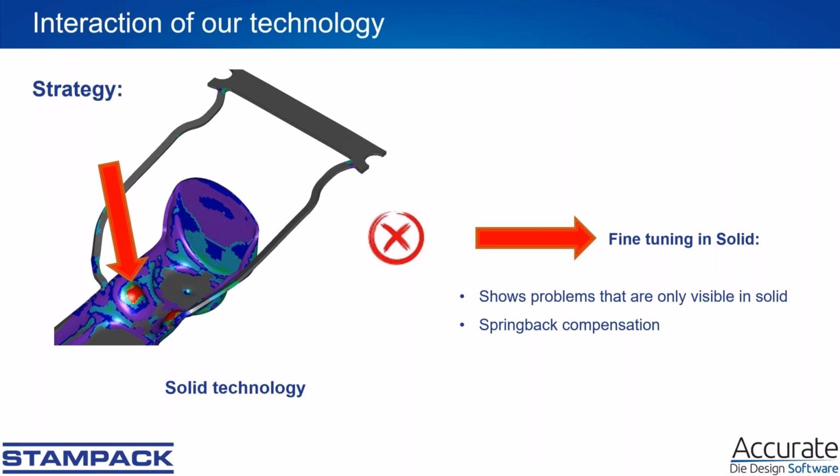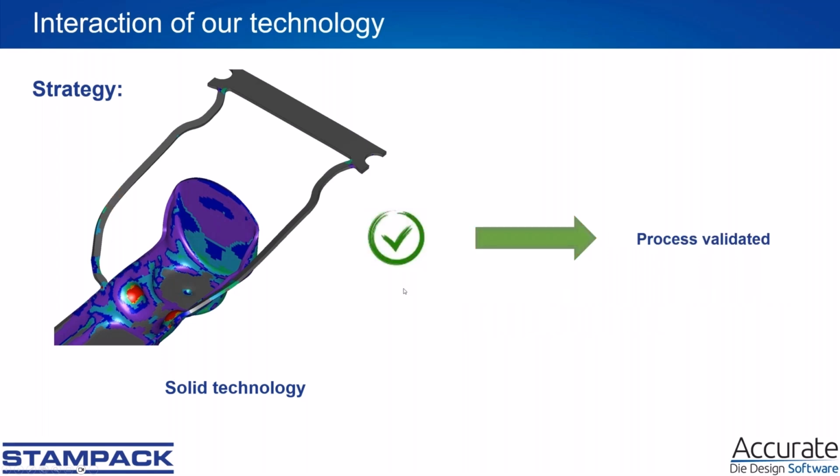We can make our spring back compensation because spring back prediction is much better in solid. We can spot the dies, so we get a new level of accuracy in our solid simulation. And then maybe we make one or two more iterations in solid, and finally the process is validated in solid, and then we can go to production.